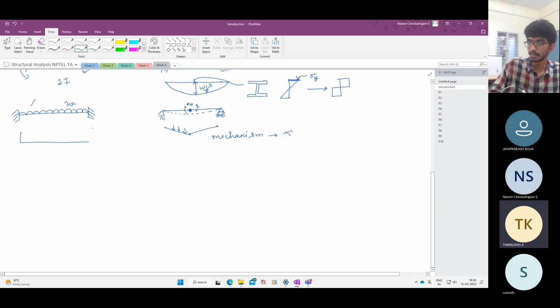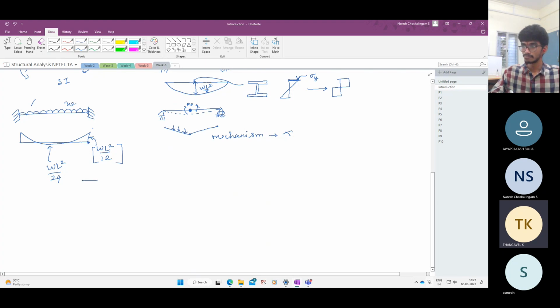You have hogging moment at the supports and some sagging moment in the midspan. Later you will know that this is equal to WL squared by 12 and the middle value is WL squared by 24. So where will the first yielding occur? Because this moment is higher than what is happening at the midspan, the first yielding will occur at this spot.